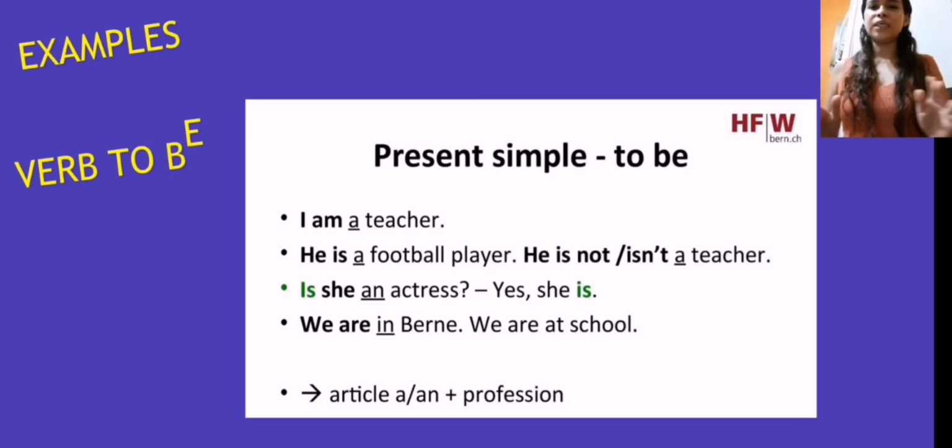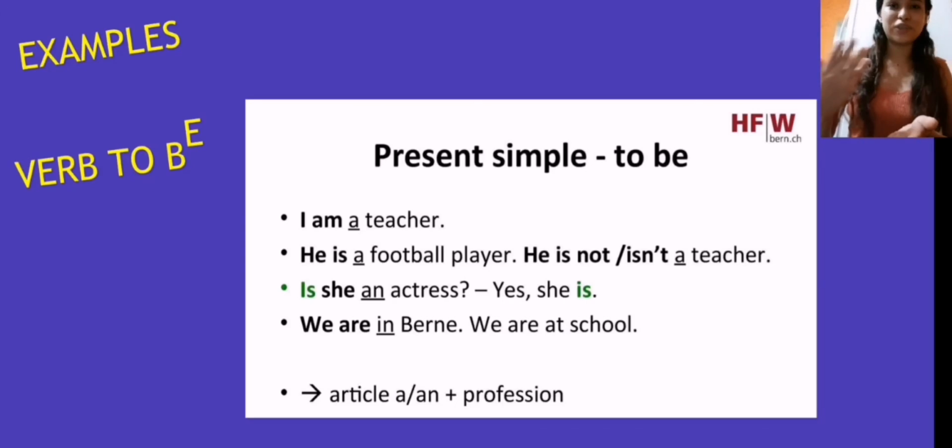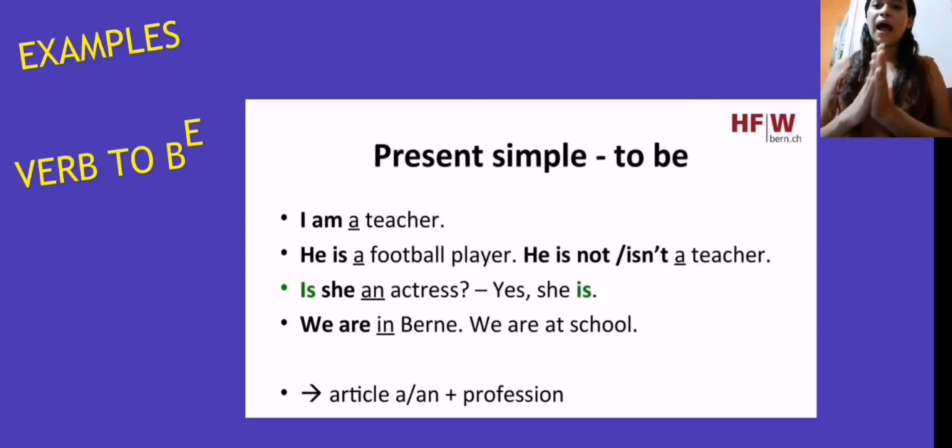We have the present simple for the verb to be, to describe yourself or describe another person or thing. For example, or professions. For example, I am a teacher, he is a football player. He isn't a teacher. Is she an actress?